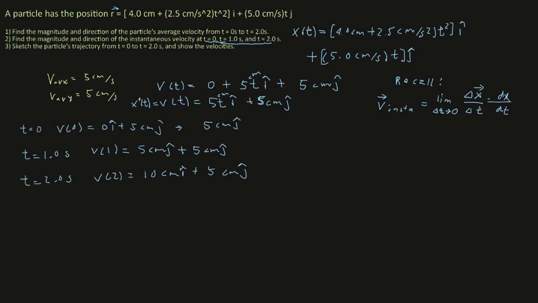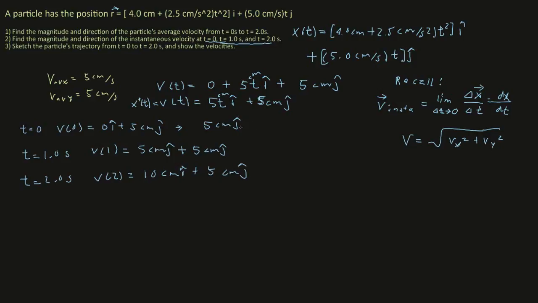So let's also, for the magnitude, I'm going to use a different color, maybe the pink color, for the magnitude, or the instantaneous speed of the particle. Alright, so how do we find the magnitude? Well, maybe we have to do another recall, right? To find the magnitude, it will be the square root of vx squared plus vy squared, okay?